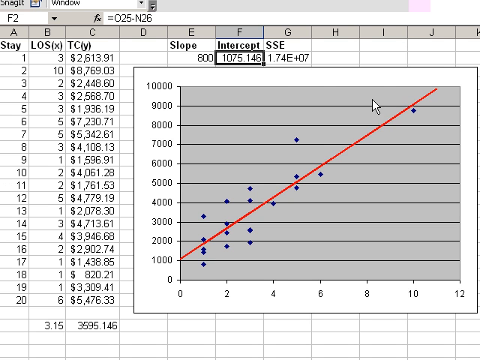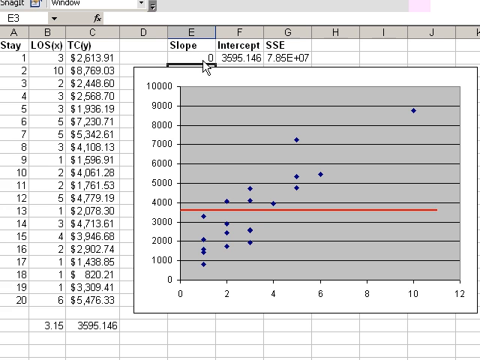To see what that means, let's go back to a slope of 0. Now, if we look at this blue dot at 87.69 and the red line here, the red line is at 35.95. There's a difference of approximately $5,000 between this blue dot and this red line.